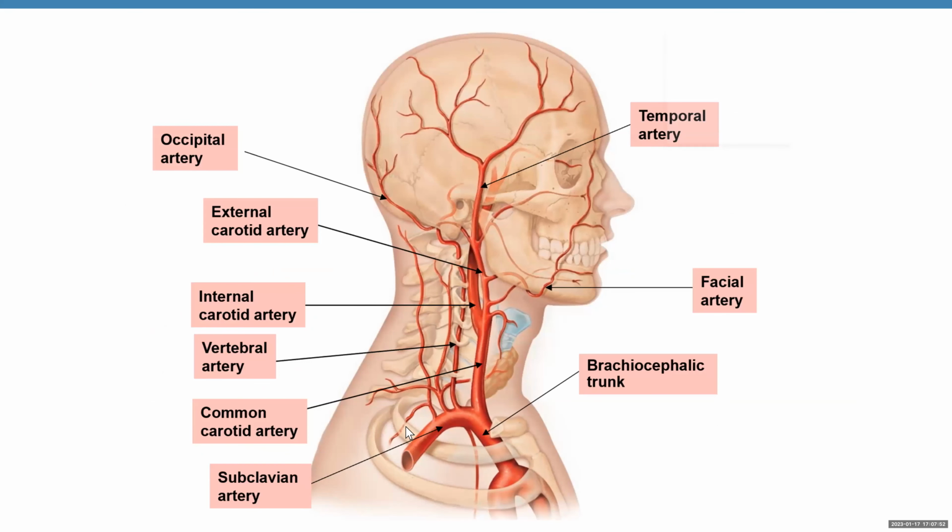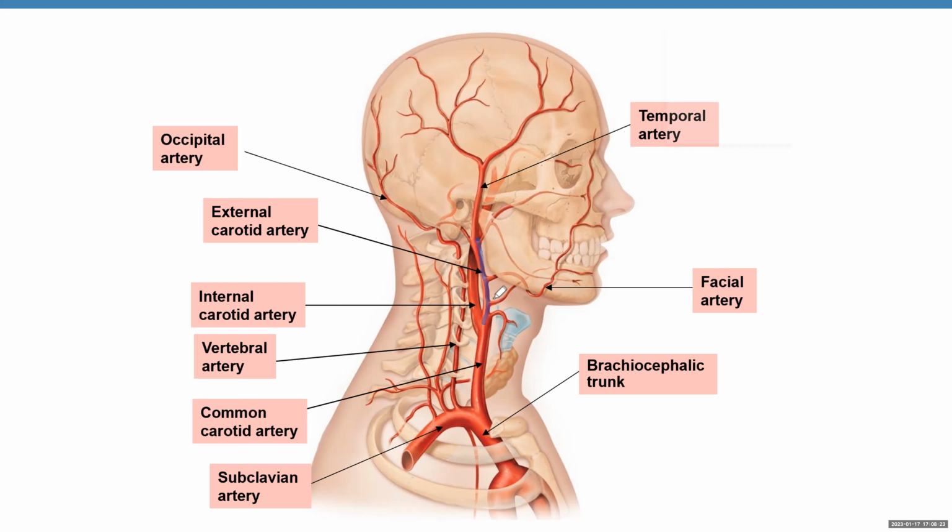Right, so over here, let's see what blood vessels we have. Here's our brachiocephalic artery, or sometimes you call it trunk, that splits into right common carotid and right subclavian. Common carotid moves up, and at the area where you have your laryngeal prominence, or your Adam's apple, it splits into internal carotid, which takes blood to the brain, and external carotid.